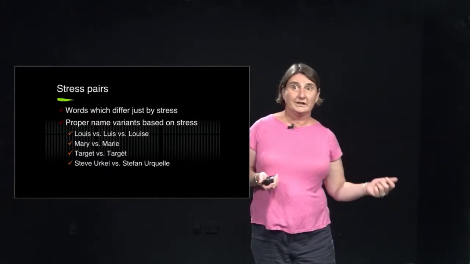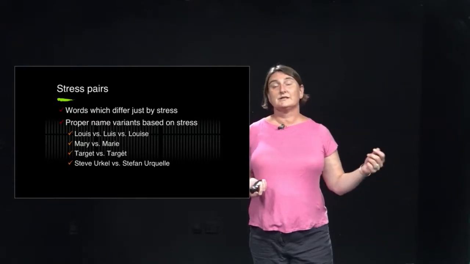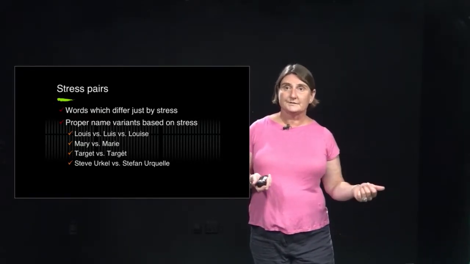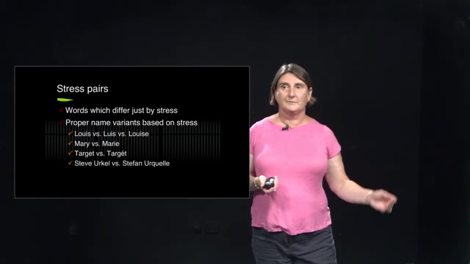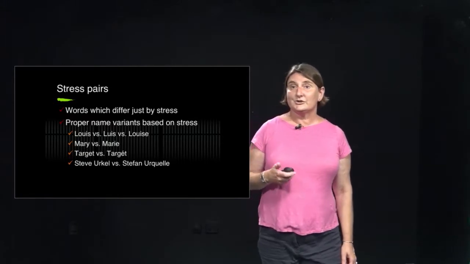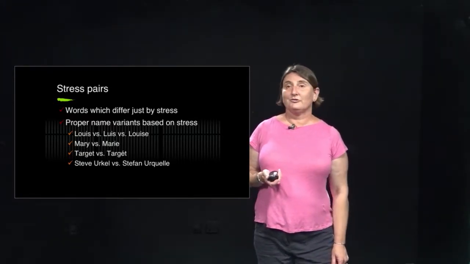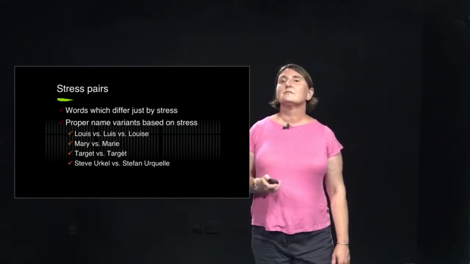Louis, Louise. So Louis has stress on the first syllable, Louise has stress on the second syllable. Or Louis and Luis, a Spanish version, changes the stress, Luis. We have English Mary, stress on the first, versus more of a French Marie, stress on the second.